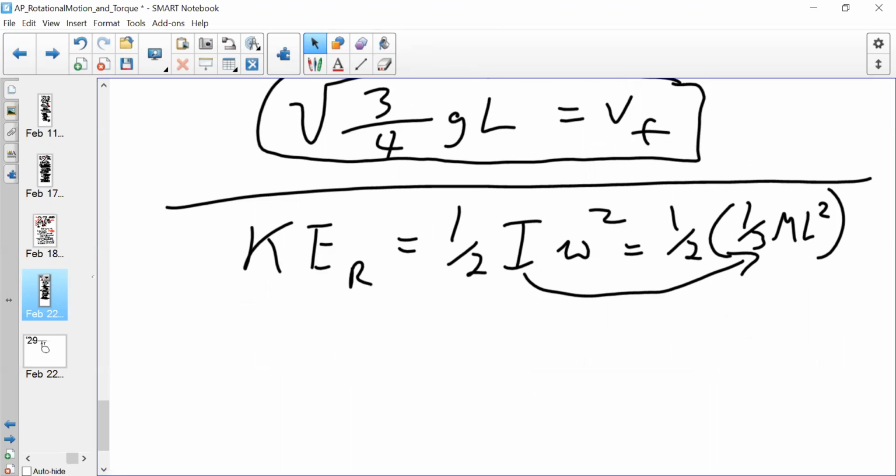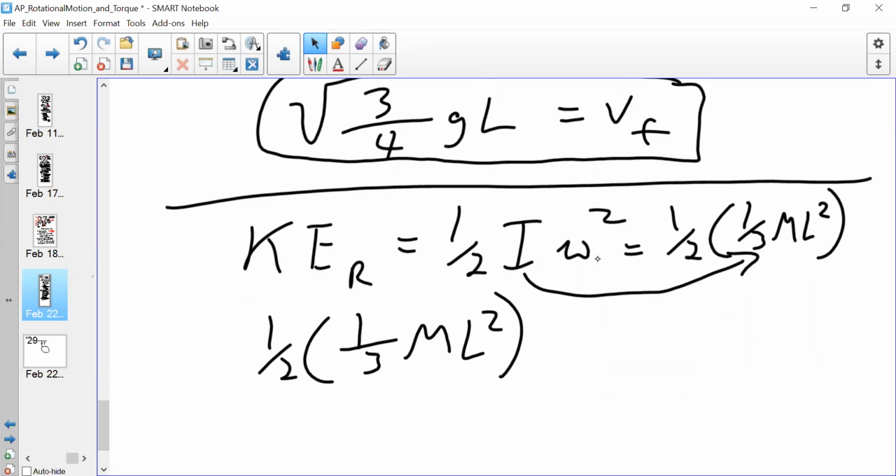So again, I'm just going to write this a little bit further over here. So 1/2 times 1/3 ml squared. And omega squared is, well, who can tell me besides Sin the formula for omega? Selena, do you have that? Not picking on you.